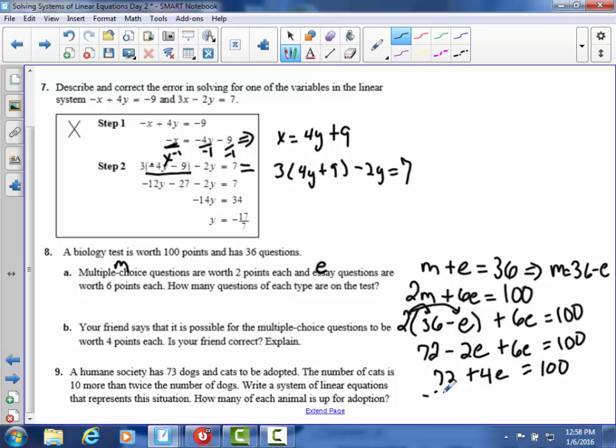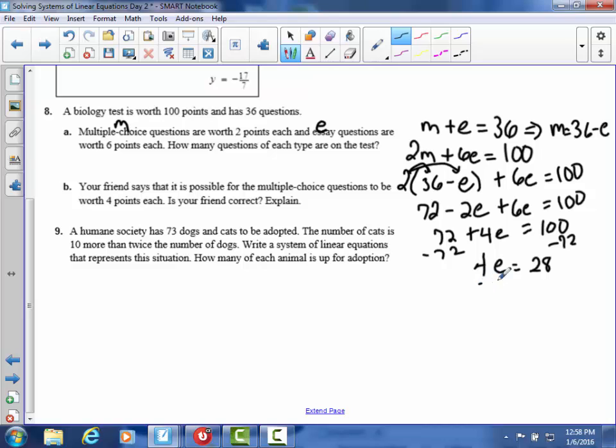So if I subtract the 72, I get that 4E equals 28. And then we divide by 4, and E equals 7. So that means there are 7 essay questions. All right, so I'm going to leave it to you to figure out how many multiple choice questions there are.